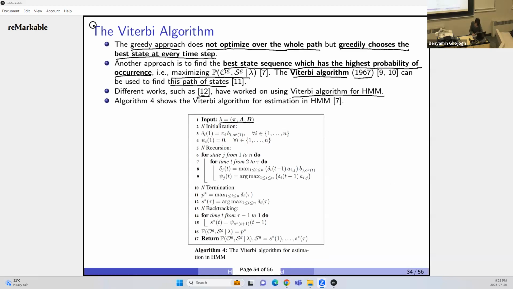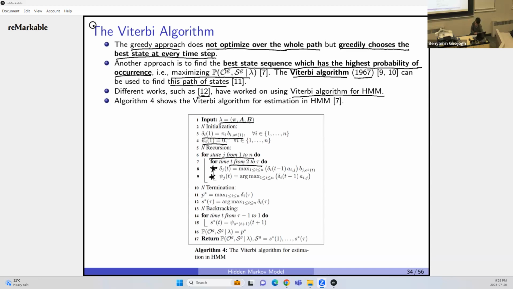Here we have the input, the hidden Markov model. We initialize these variables. We'll explain the algorithm in the next slides, but just take a look at it for now. Then we have some recursion: for states j from 1 to N, and time from 2 to tau, I update delta_j and psi_j.